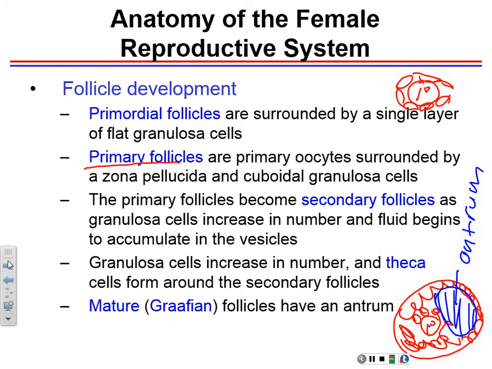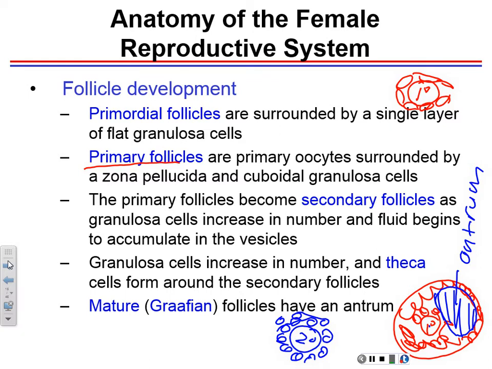And when it's released, the secondary oocyte at metaphase 2 still has granulosa cells surrounding it, like that. That's the corona radiata right there. So that's the development of the follicle.